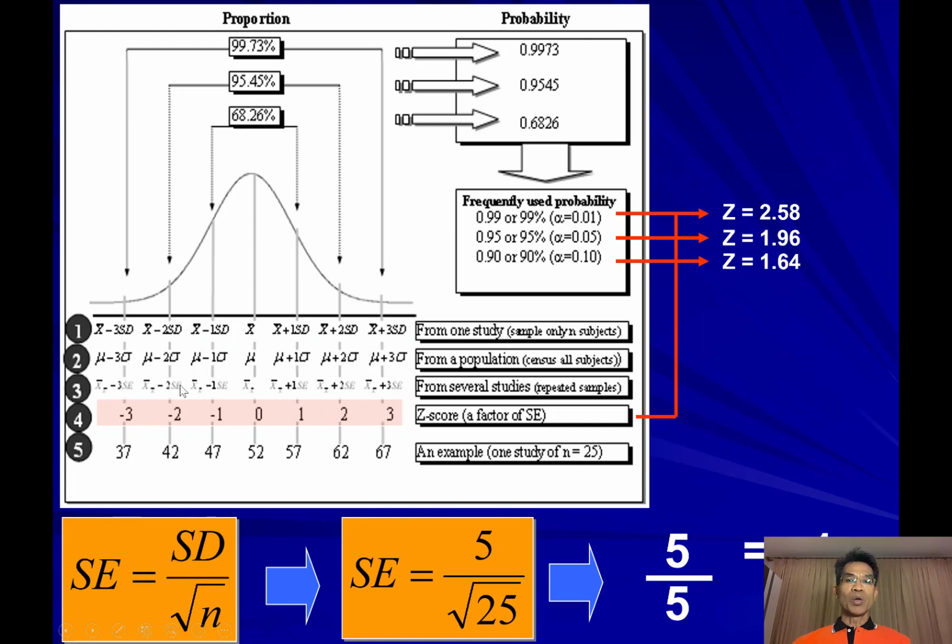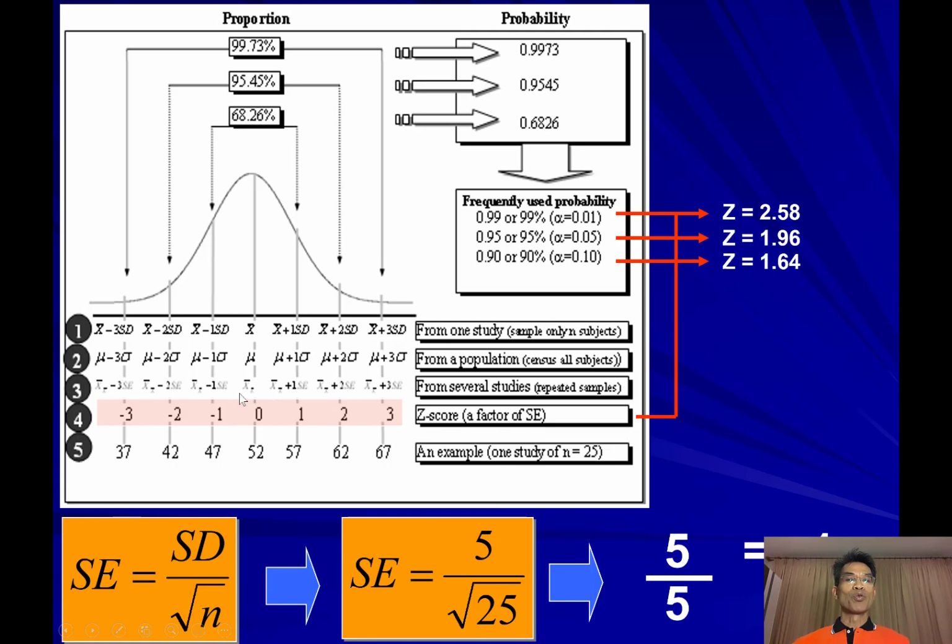In the third row, where it follows the normal distribution, we really need two parameters here. The first one is x bar of the x bar, and the standard error, to be able to use the normal distribution properties.